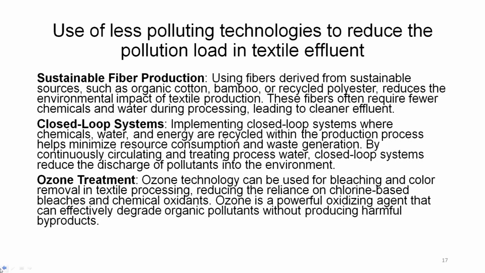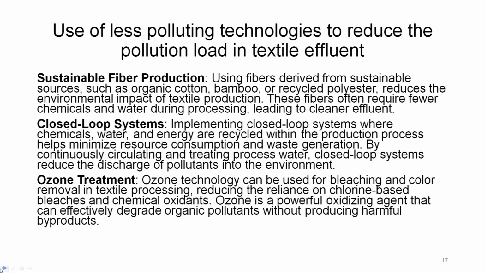Ozone treatment. Ozone technology can be used for bleaching and color removal in textile processing, reducing the reliance on chlorine based bleaches and chemical oxidants. Can we use oxidants which are milder as compared to chlorine based bleaches?